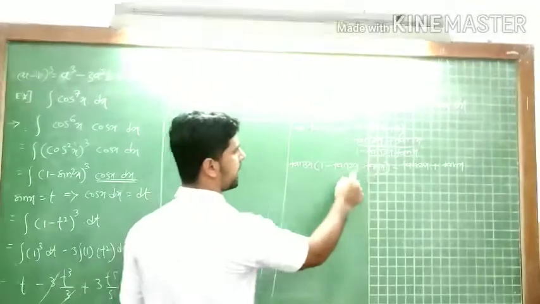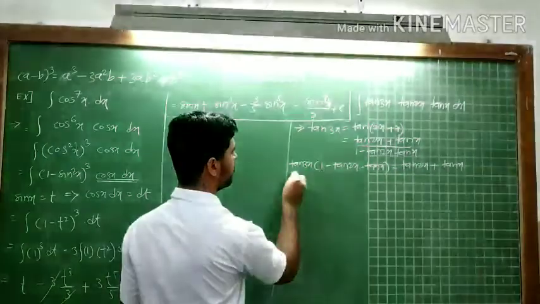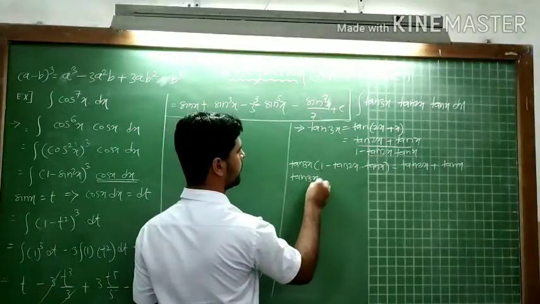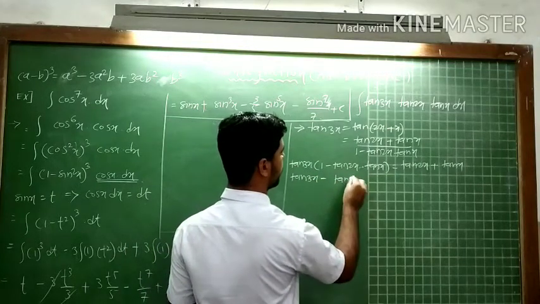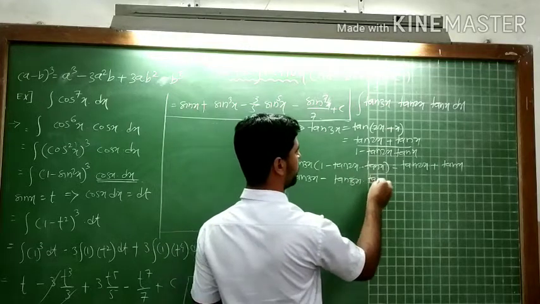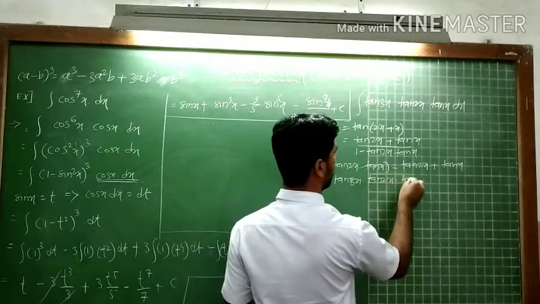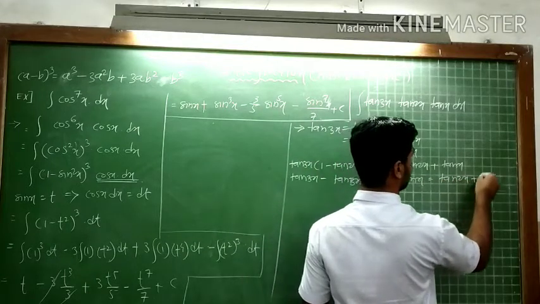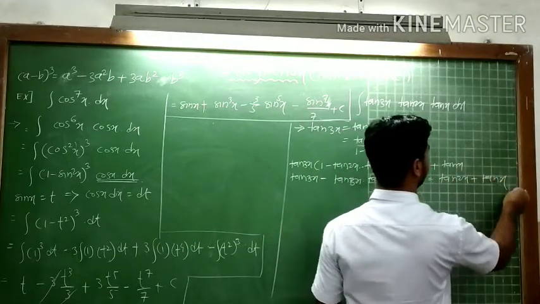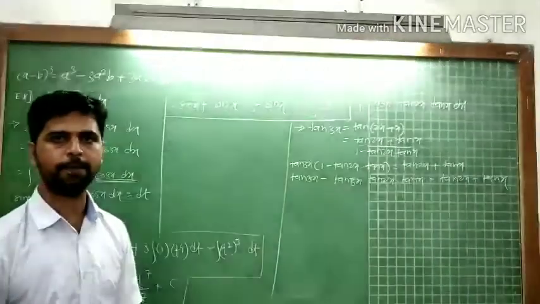Then tan 3x multiplied to both the terms, tan 3x into 1, tan 3x minus tan 3x into this 2 will be added. So tan 3x into tan 2x into tan x is equal to tan 2x plus tan x, correct?